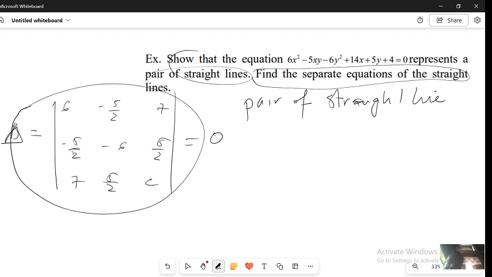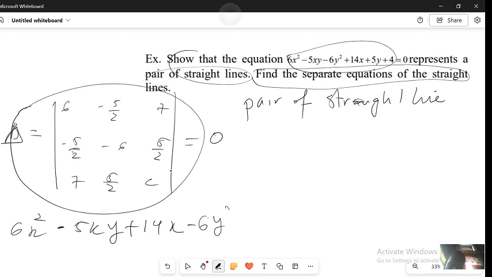It's going to be like 6x squared minus 5xy plus 14x minus 6y squared plus 5y plus 4 equal to 0.